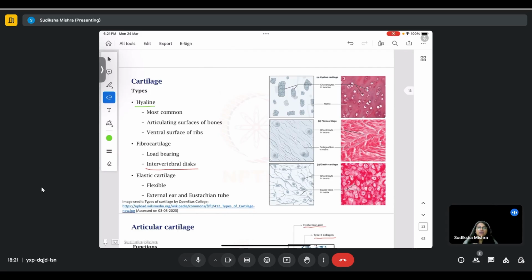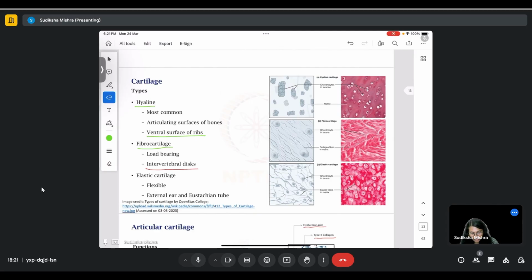It is present on the articulating surface of the bones. If this is one bone and there is something that is attaching here, it will be present at the junction of these two bones. One of the examples is the ventral surface of the ribs. Another type of cartilage is fibrocartilage.